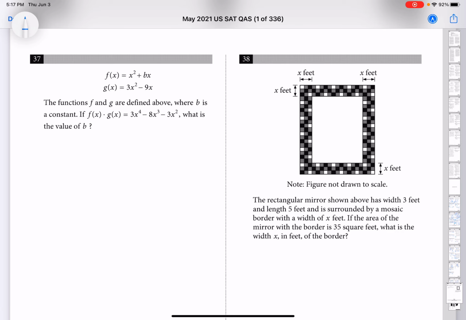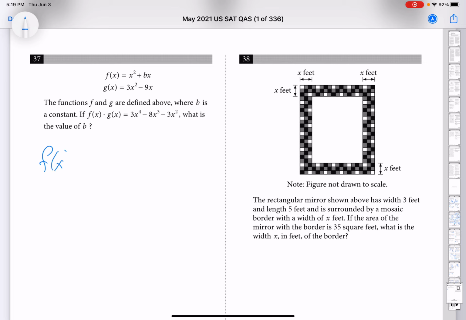All right, so the functions f and g are defined above, where b is a constant. If f of x times g of x is equal to 3x to the 4th minus 8x cubed minus 3x squared, what's the value of b? Okay, so what we can do here is put it side by side first.